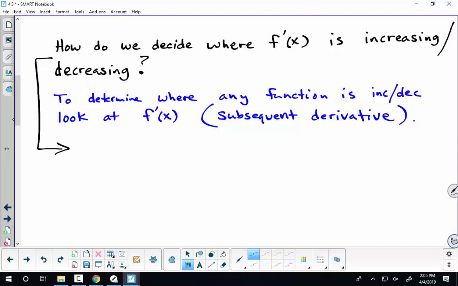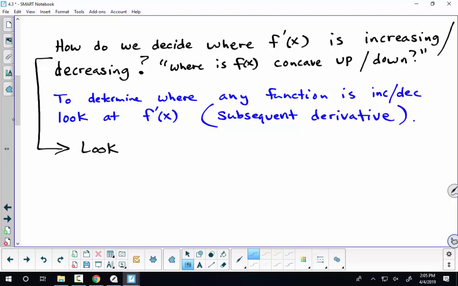What we could equivalently say is, where is f of x concave up, concave down? That is an equivalent question. So we're just going to look at the sign chart for the second derivative.